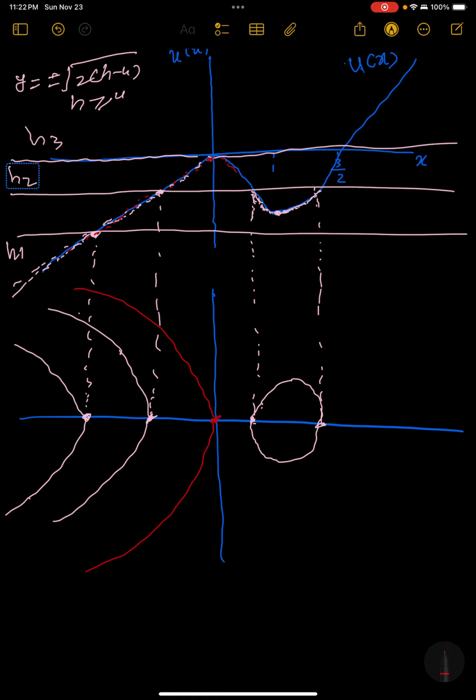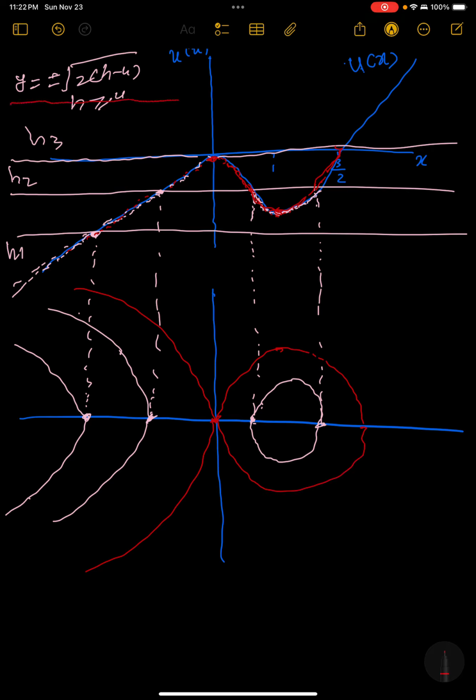And now we can see that this part and this whole part is also below the h3 curve, so we can see that this will be projected to this. So as my h is increasing, my corresponding value of y is increasing, it increases to this point, and then as h starts decreasing, the y value will decrease, and this is h3, so this will be it, and it has two copies. So we can clearly see that.